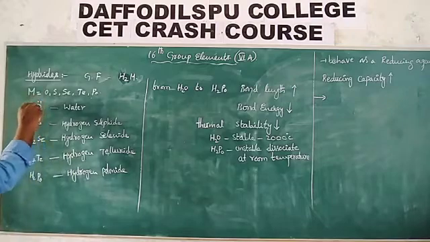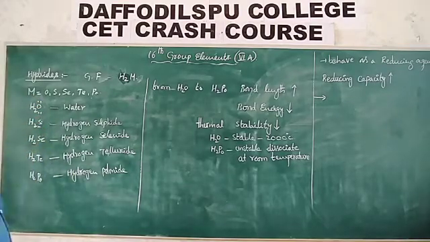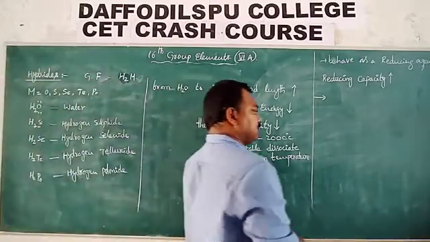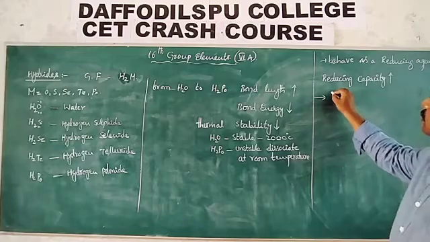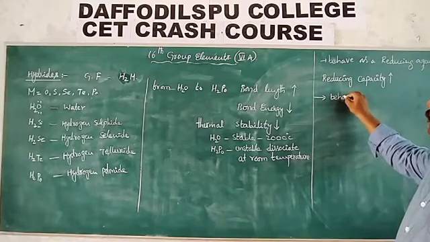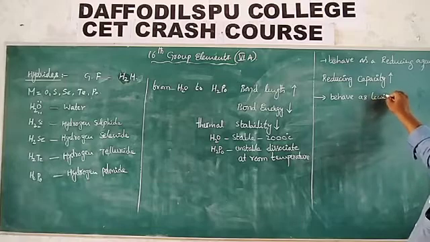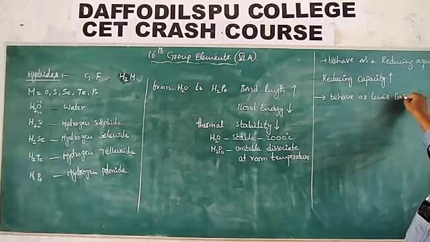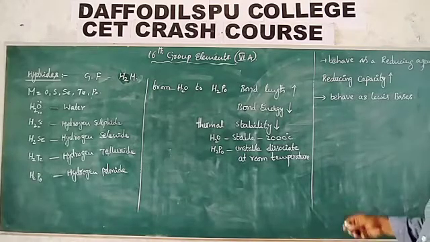When they contain lone pairs of electrons, they behave as Lewis bases. And this Lewis basic capacity decreases down the group.